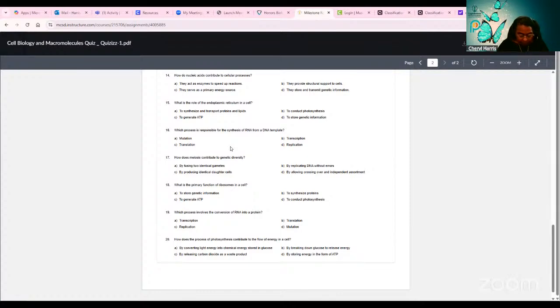Next one. The process responsible for synthesis of RNA from a DNA template. What is this? There's two different processes. There's one process where it reads, and then there's another process where it takes that information. Think of it as having two different languages that you have to interpret.